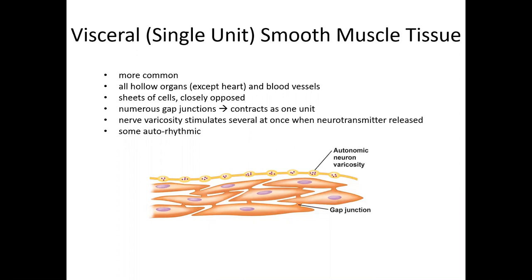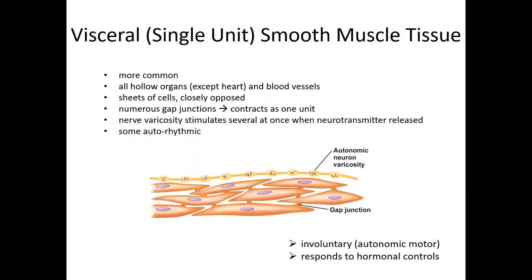And what happens is when the nerve impulse reaches that varicosity, it is not just stimulating one cell, it can stimulate several cells at once, causing the depolarization of that cell, which through the gap junction will depolarize the next to the next to the next. So they will all essentially be doing the same thing. So that's how the single unit or the so-called visceral smooth muscle tissue contracts.